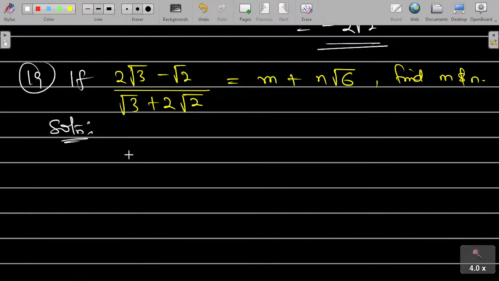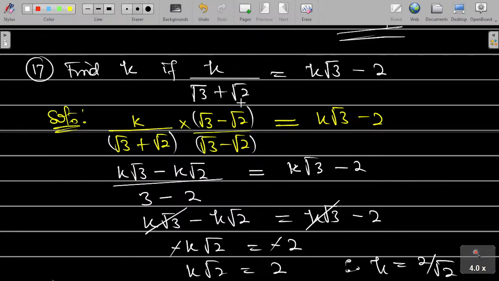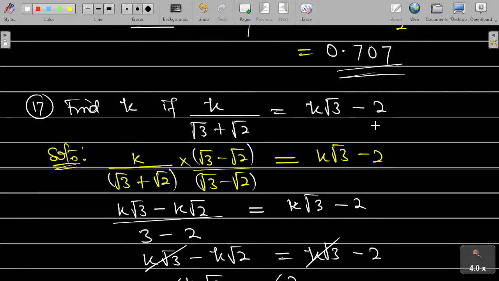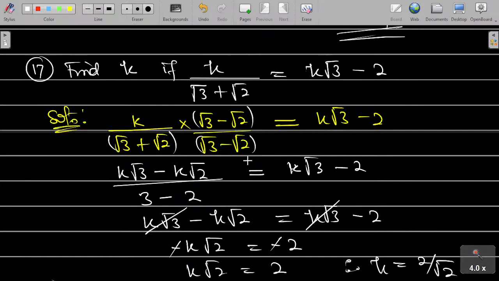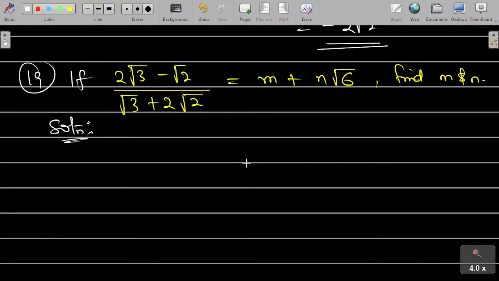Okay, so what you're going to have now is the same thing we did up there. Here you are going to try to transform this side to look like this. So you are going to take the rationalization of the surds. So we have 2 root 3 minus root 2 all over root 3 plus 2 root 2.